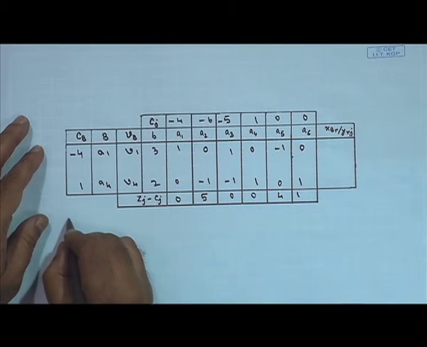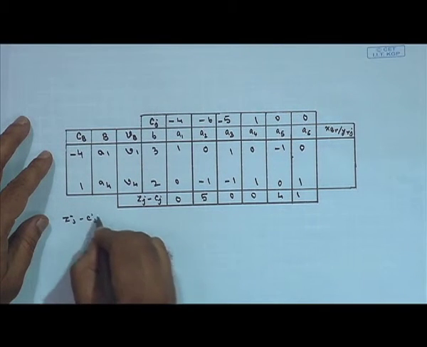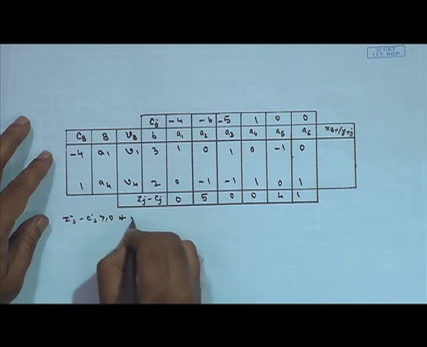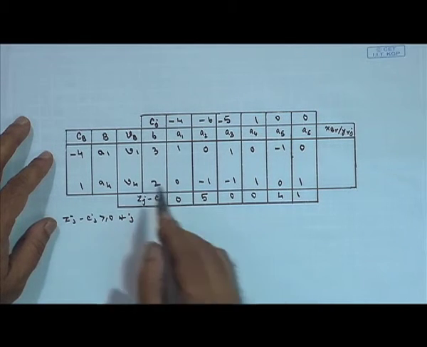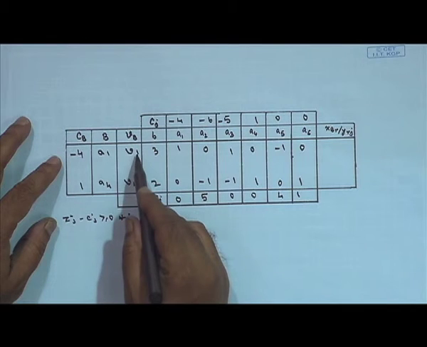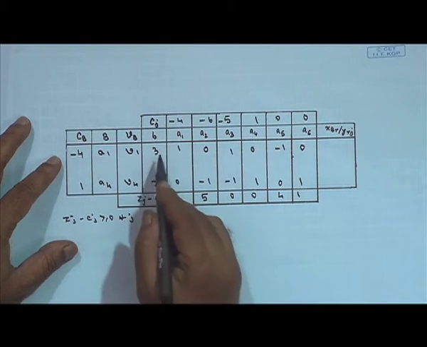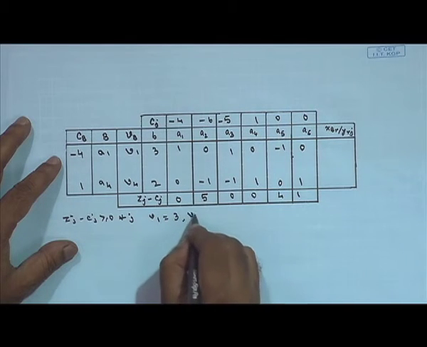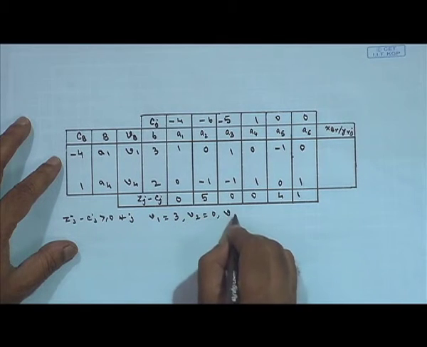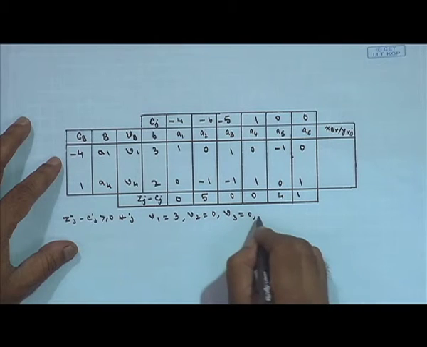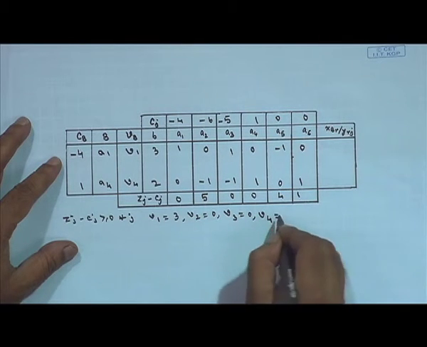So Zj minus Cj is greater than or equal to 0 for all j, so you have the optimal solution. What is the optimal solution? V1 is present here, so V1 equals 3, V2 is not present, so V2 is 0, V3 is 0 and V4 is 2.